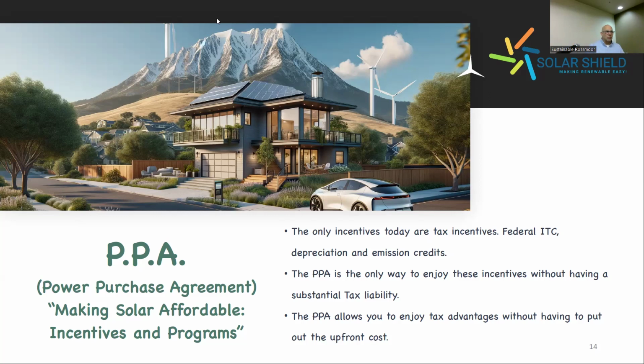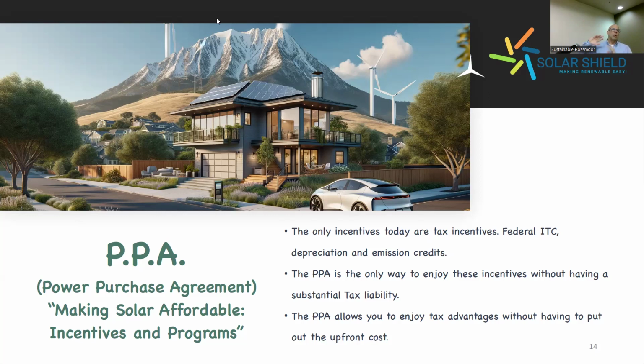There are incentives out there, basically the federal tax credit, which is the ITC for solar investment in renewable energy. This tax credit reduces the cost of solar for everyone, including the companies who are offering you this power purchase agreement.